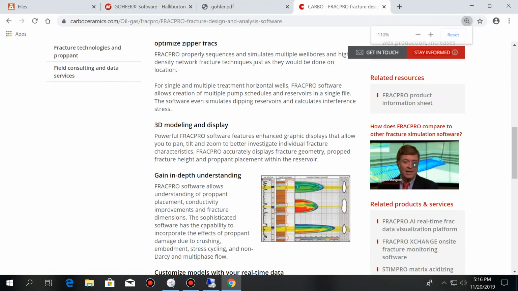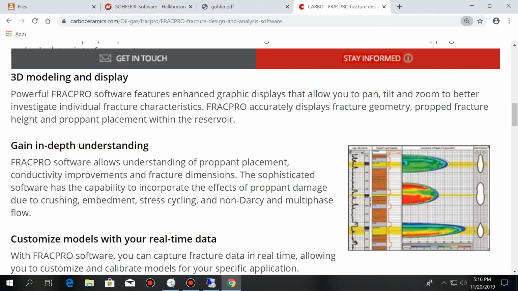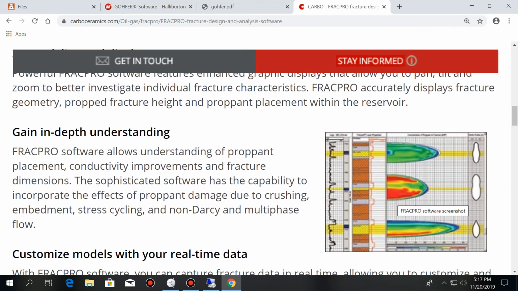Okay, so this is the image I was looking for here on the right. In a fracture simulator software, you tell the software what is the profile of the rocks, what is the Young modulus, what is the stress, what is the mechanical stratigraphy, how stresses vary with depth.